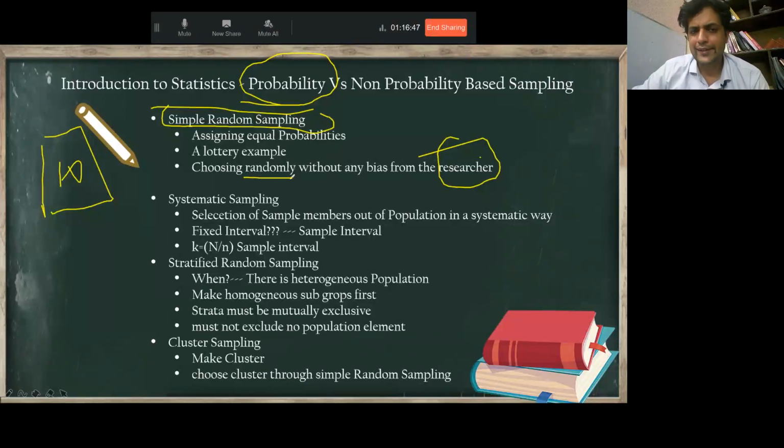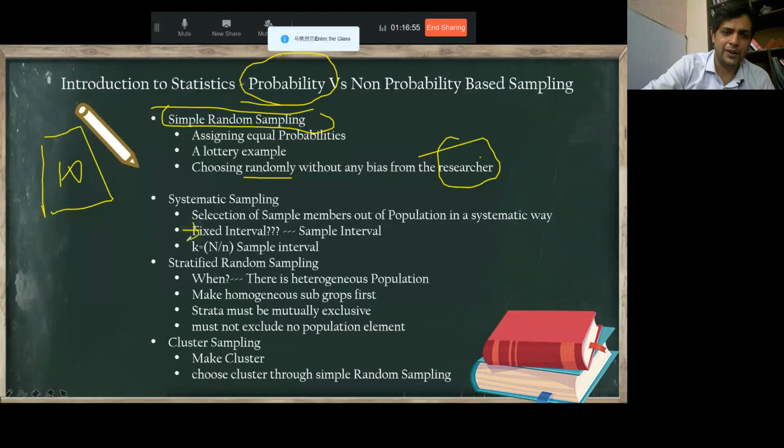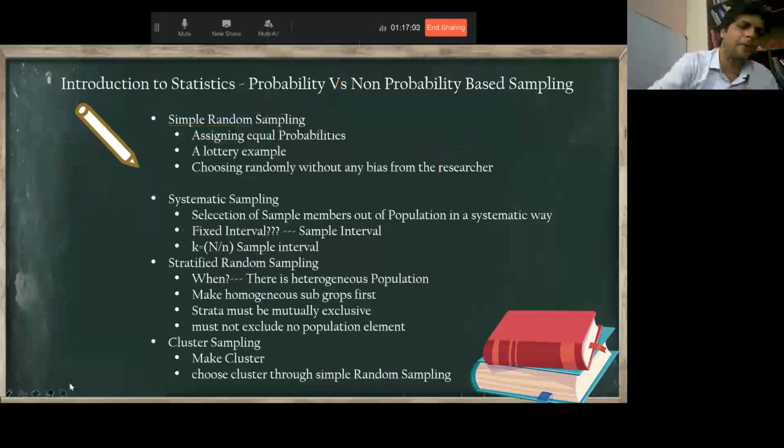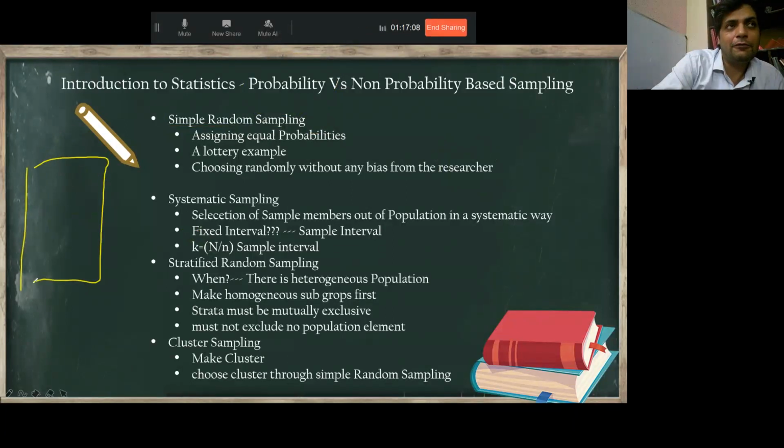Another one is systematic sampling. As I told you, it's like a selection with a fixed interval, right? For example, let's say there are 30 students, a class of 30.